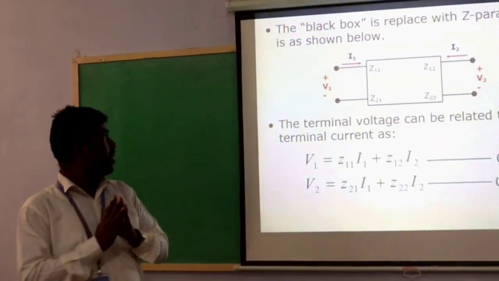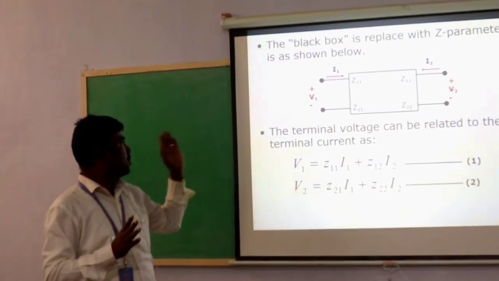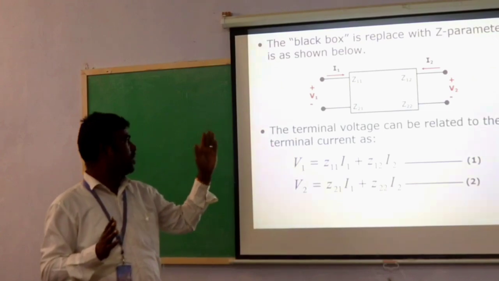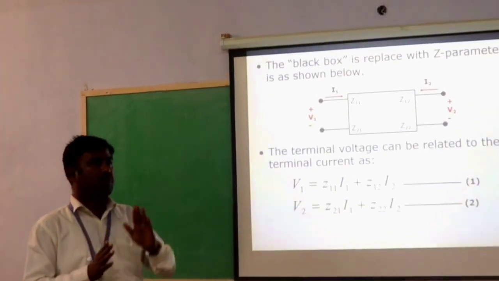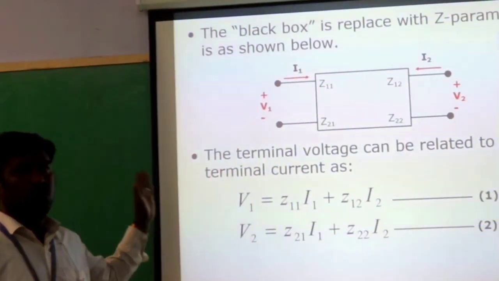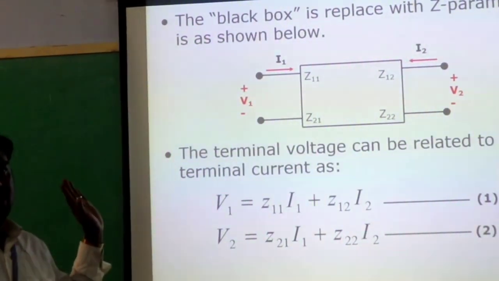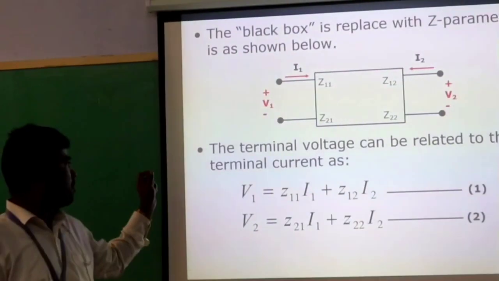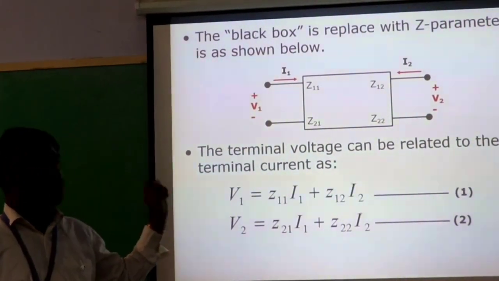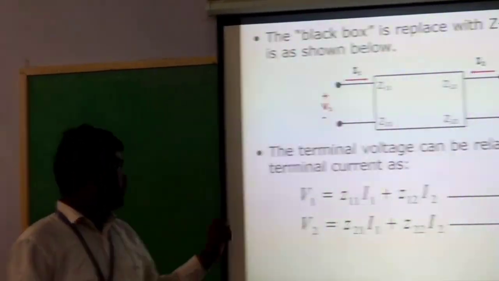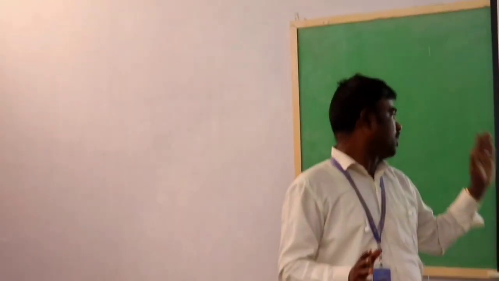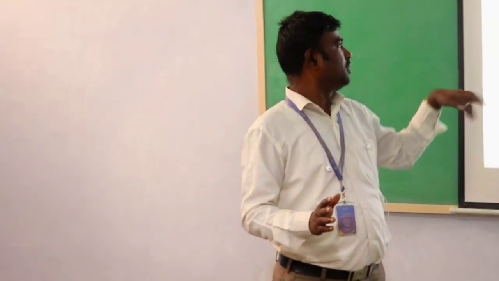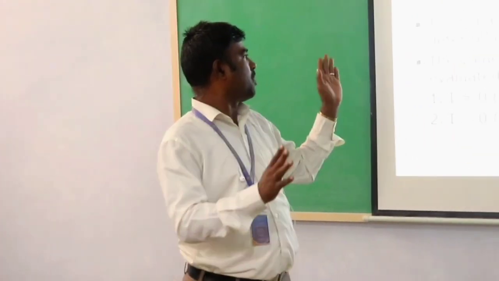There are 4 parameters: Z11, Z12, Z21 and Z22. Z parameters can be characterized as two voltage equations, and Y parameters are represented as current equations. So Z parameters: V1 equals Z11 I1 plus Z12 I2, and V2 equals Z21 I1 plus Z22 I2. Next. These are the matrix form representation.